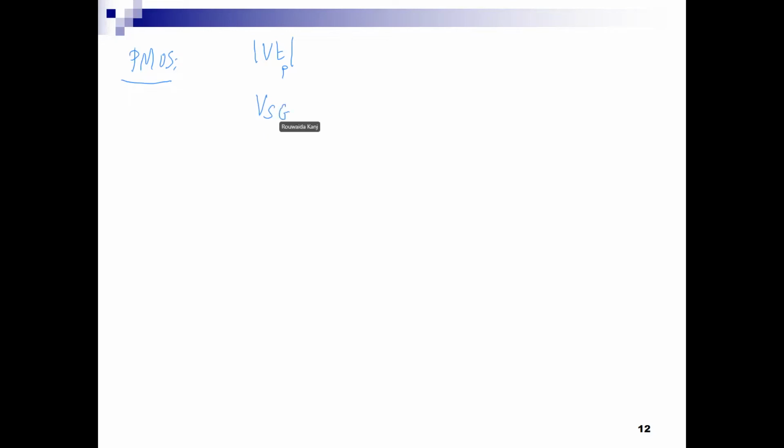We take VSG and VSD as quantities. The PMOS transistor looks like this, this is the node S, this is the gate, with the arrow on the S. In the PMOS the S is the higher voltage, so most probably you'll see it in the inverter circuit at the top with the arrow in this direction, and this is the drain.